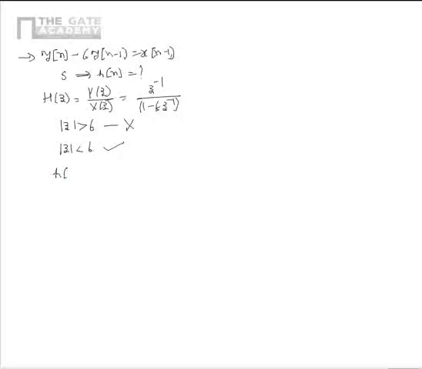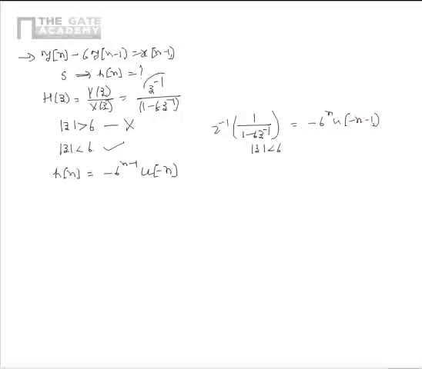From this, we can write that the impulse response of the system is minus 6 to the power n minus 1 times u(-n). This is because the inverse z transform of 1/(1 - 6z^-1) for the ROC |z| < 6 is minus 6^n u(-n-1).